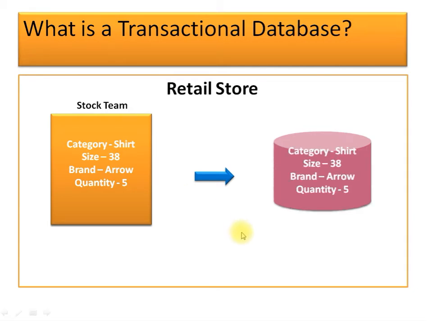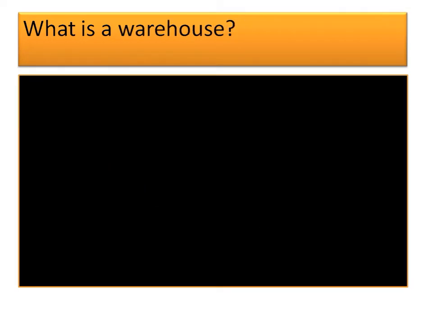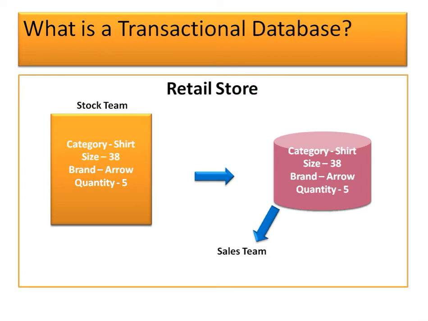It will be stored in the database. From this database, the sales team can view the data and they will do the billing operations. So whatever the stock team is updating will be used by the sales team.